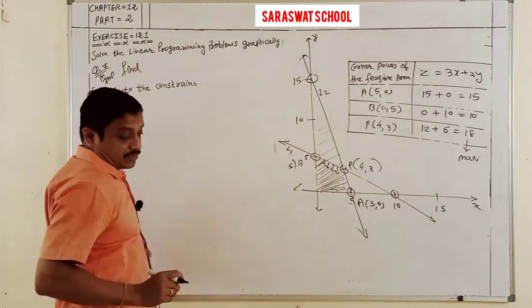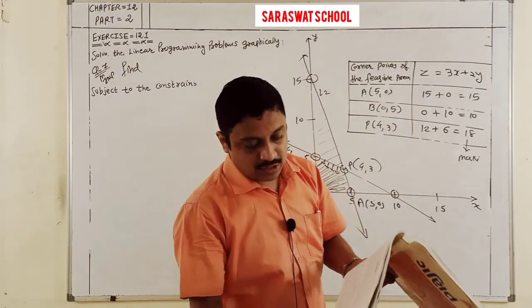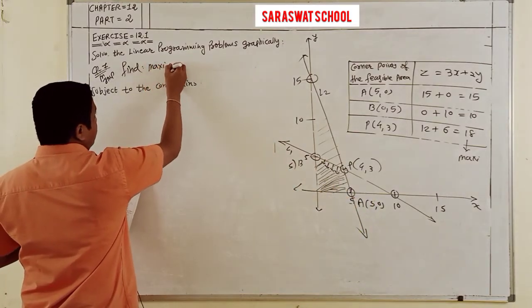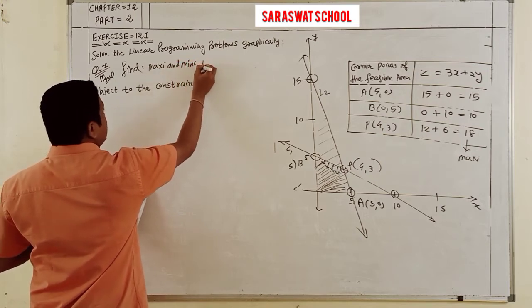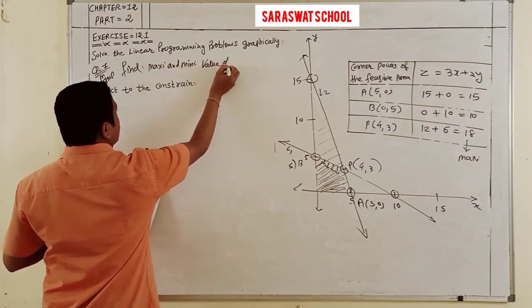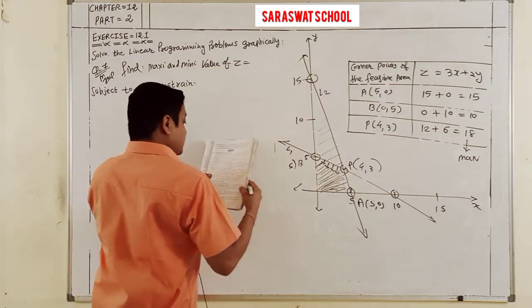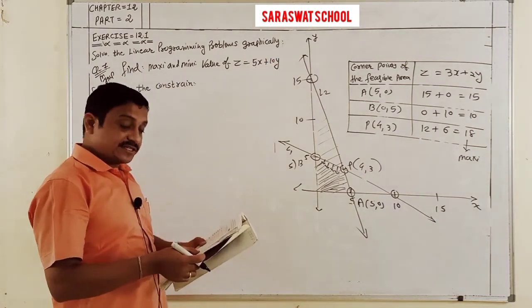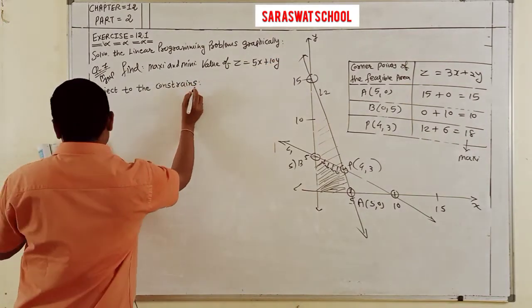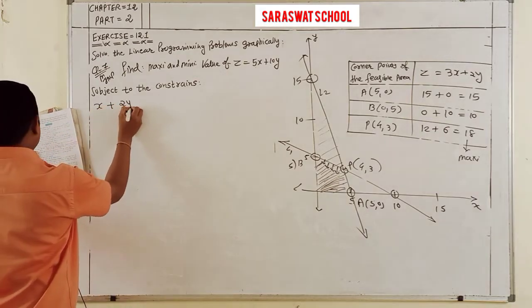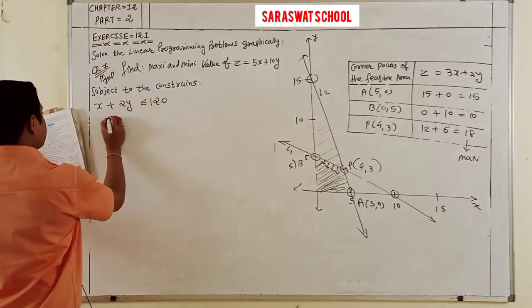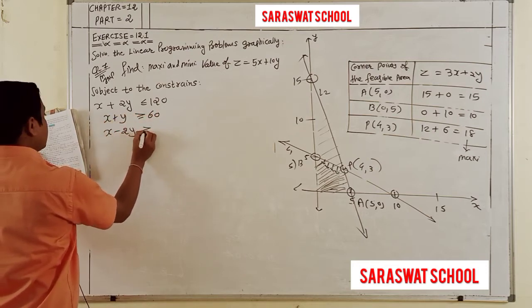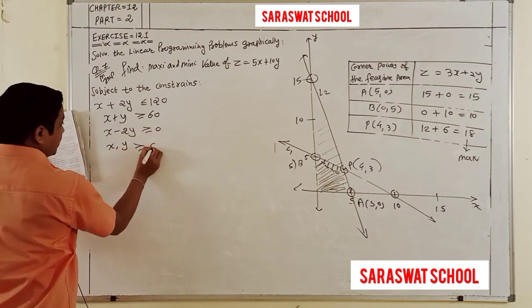Find the maximum and minimum value of Z given as 5x + 10y, subject to x + 2y ≤ 120, x + y ≥ 60, x − 2y ≥ 0, and x, y ≥ 0.